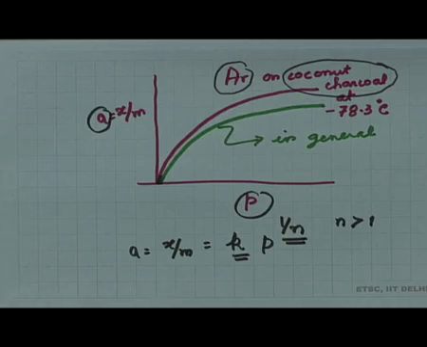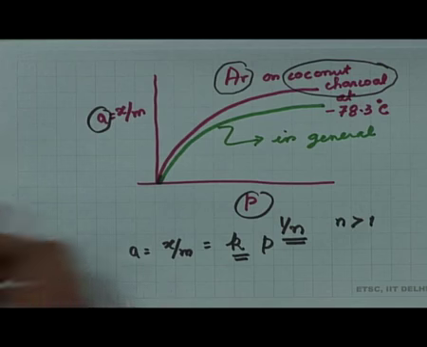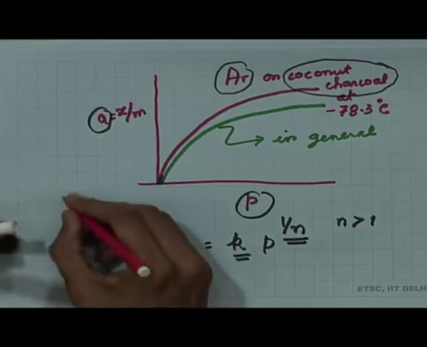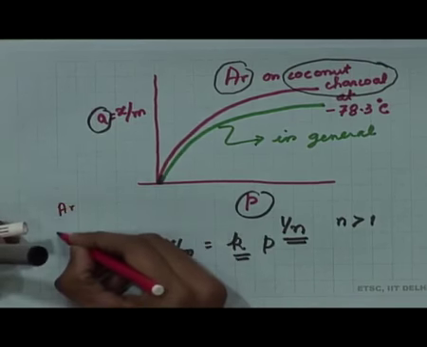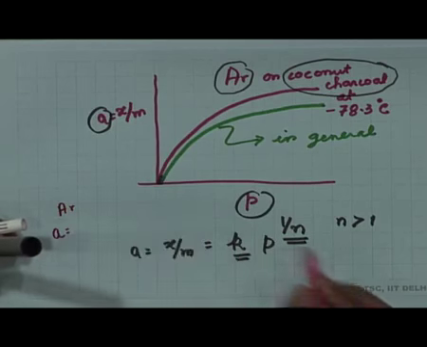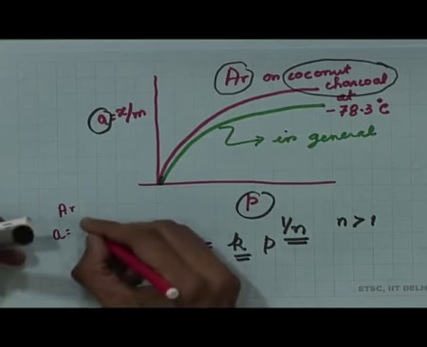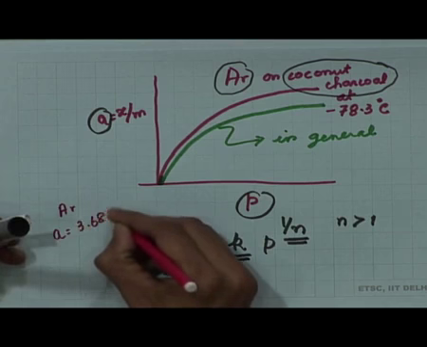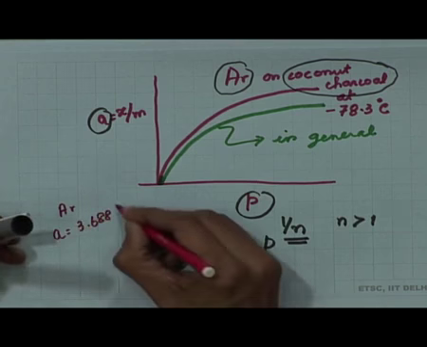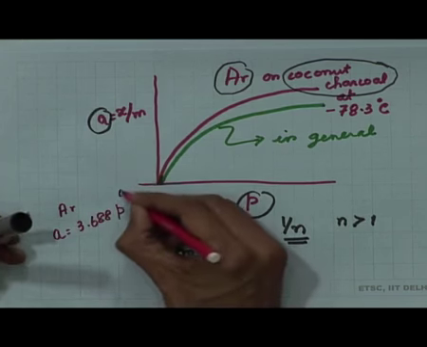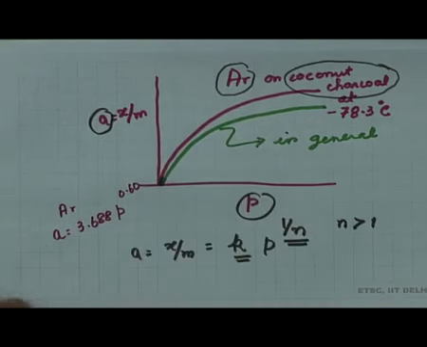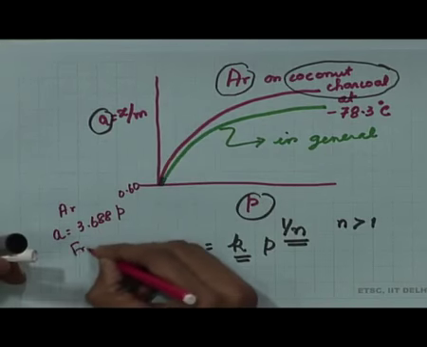So, in the case of argon, for example, at minus 78, A happens to be 3.688 times P to the 0.6. This is what Freundlich found.